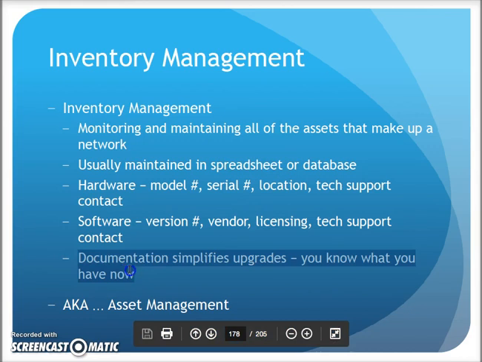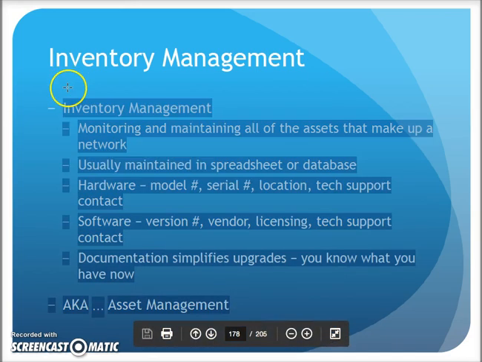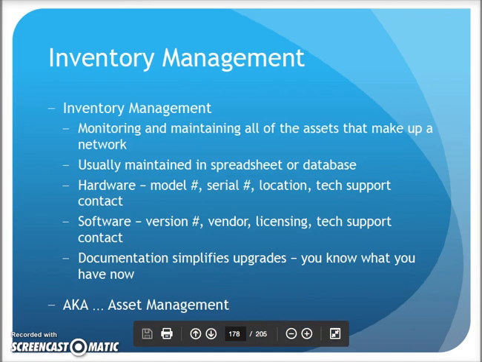All of this documentation is going to help with simplifying upgrades down the road, because then you'll know, yes, we have a quantity of 22 of these printers out there that are going to need to be upgraded. So our plan is to get a price on these, and then you can start phasing in that upgrade. All of this is called, in many cases, asset management or inventory management.